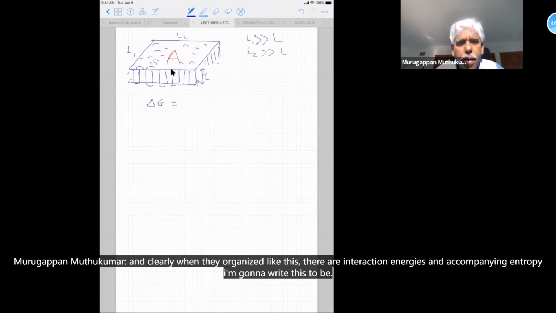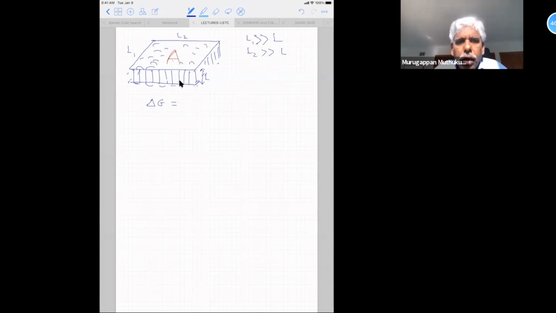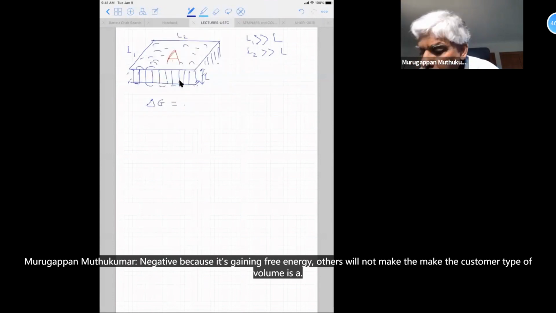And clearly, when they organize like this, there are interaction energies and accompanying entropy. I'm going to write this to be negative because it's a gain in free energy. Otherwise, it will not make the crystal, right?